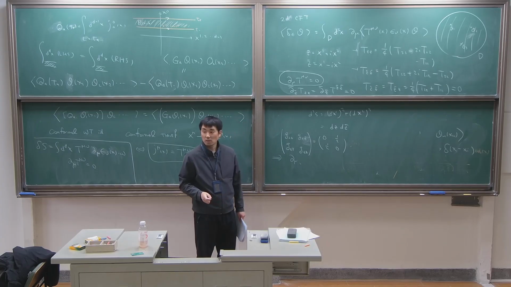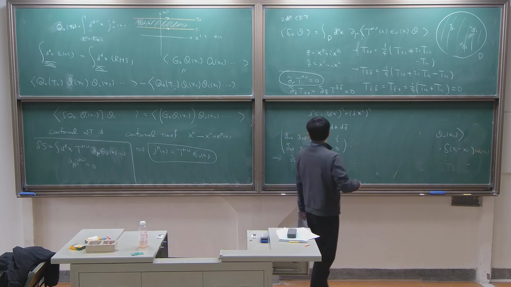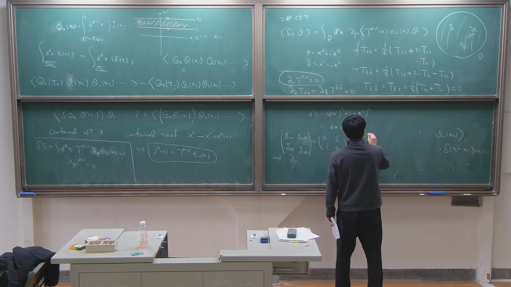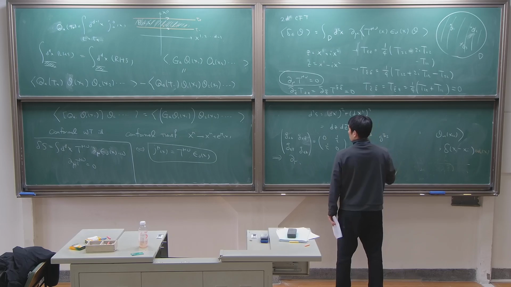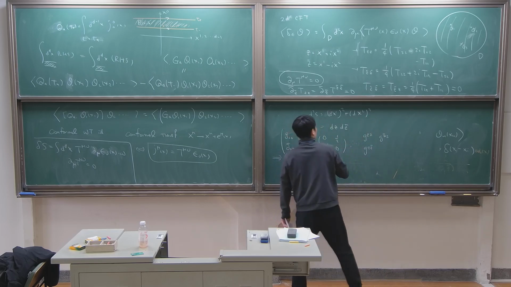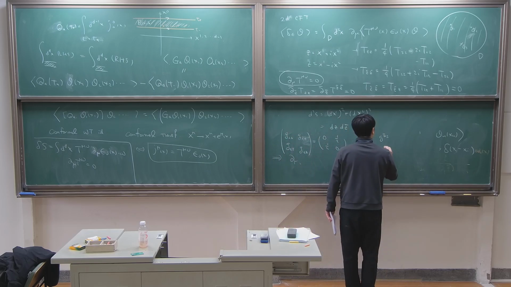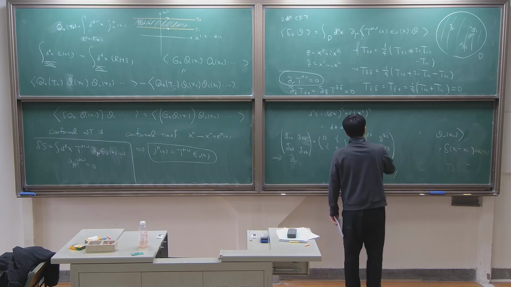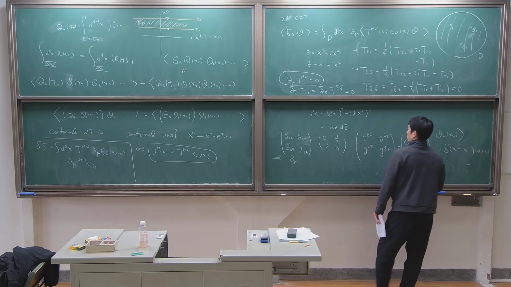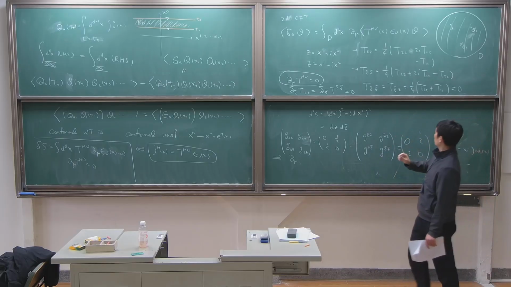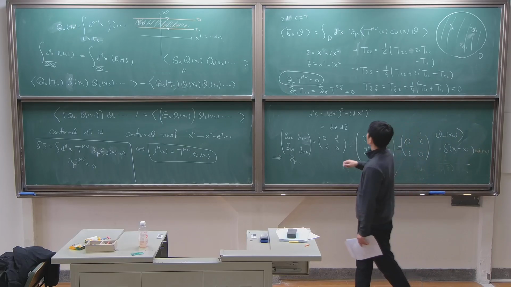Is it okay? So it's off-diagonal. But if you do the upper indices, it becomes just the inverse matrix. Like this.